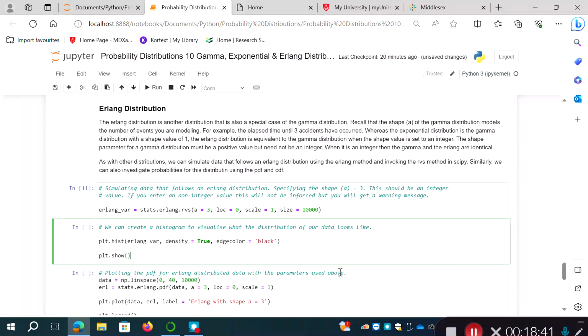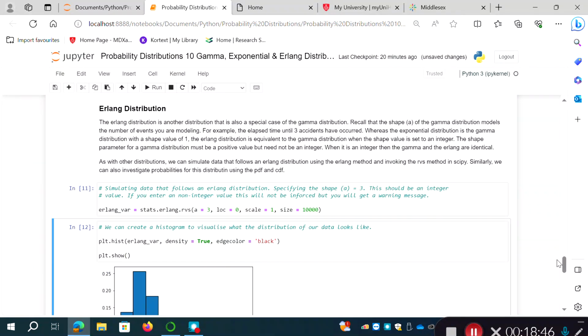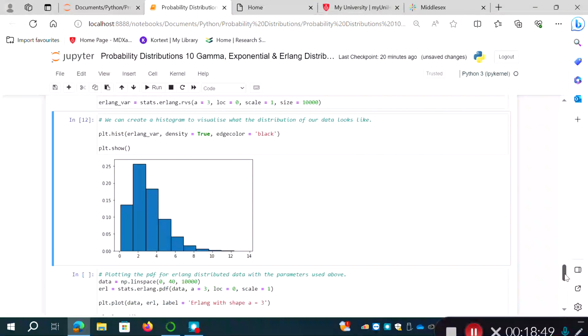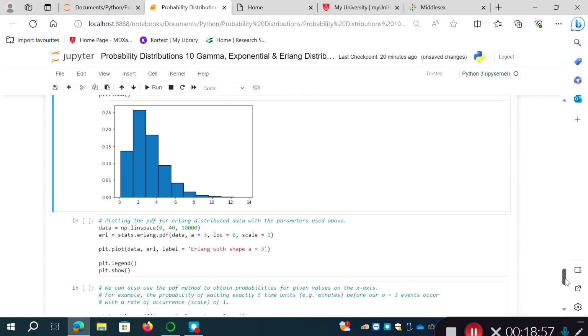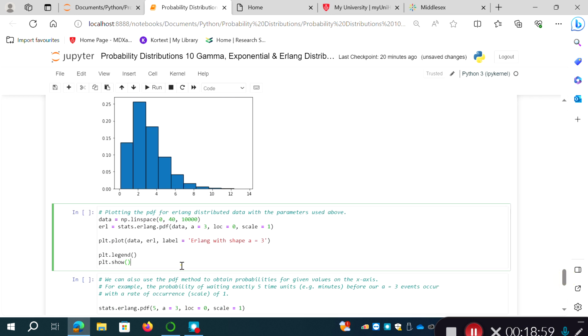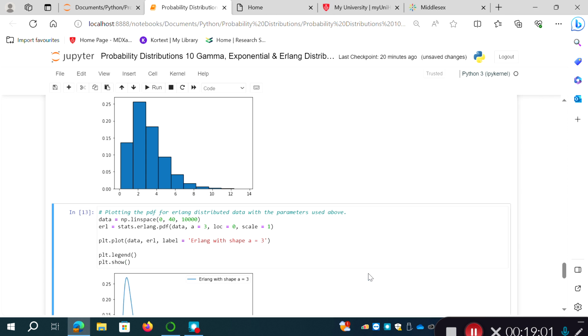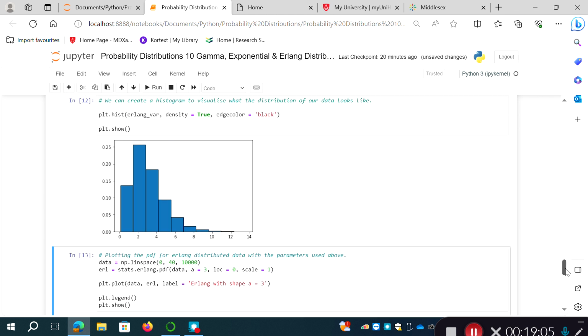Okay, let's create a histogram of this object as we did above, and ask for densities. It's going to give us densities on the y-axis, probabilities essentially, and that's what it looks like. If we plot the PDF as well with the same parameters, you can see that's a similar sort of shape.